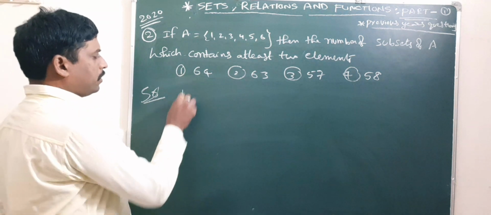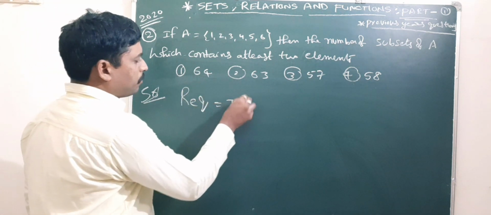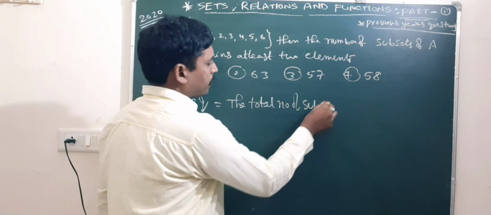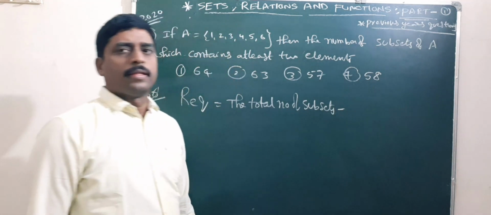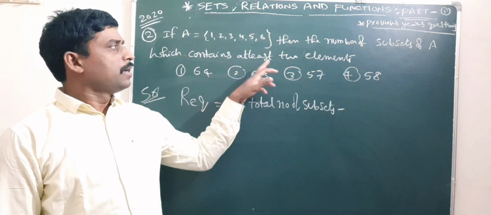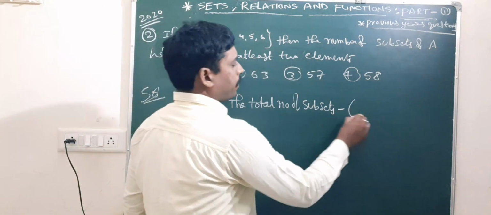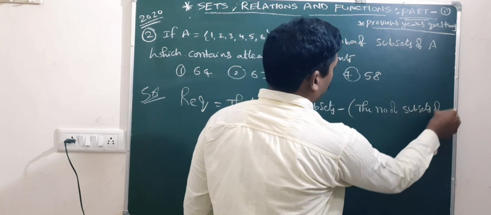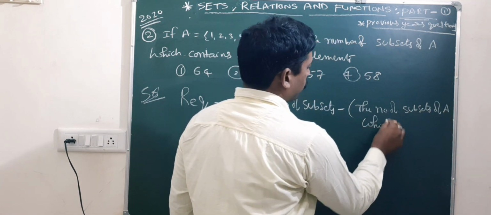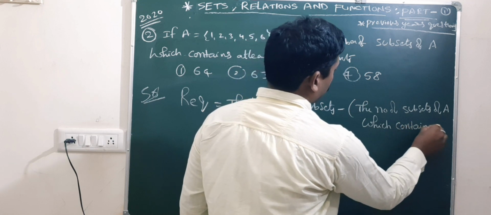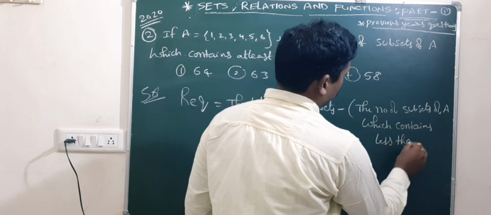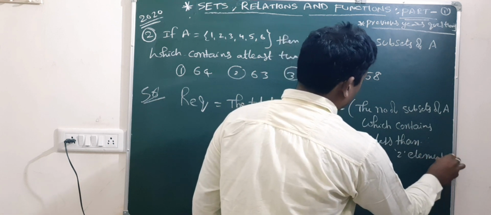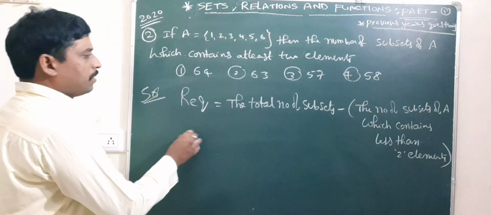This is equal to the total number of subsets minus the number of subsets of A which contain less than 2 elements.